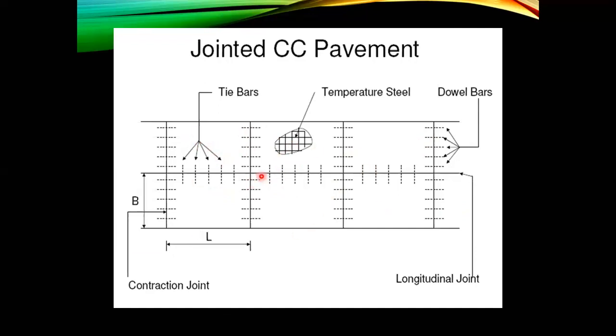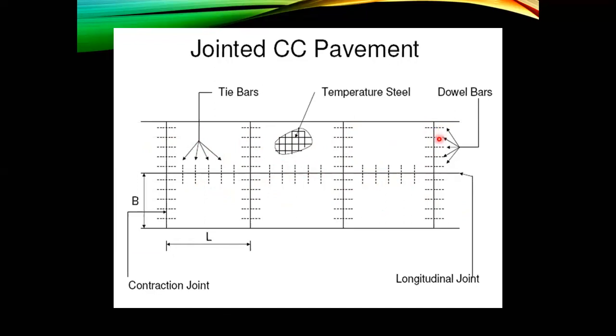This joint, along the direction of travel, is called the longitudinal joint. Similarly, perpendicular to the movement, the joints provided, 1, 2, 3, 4, are called transverse joints. To transfer load, you are providing dowel bars.